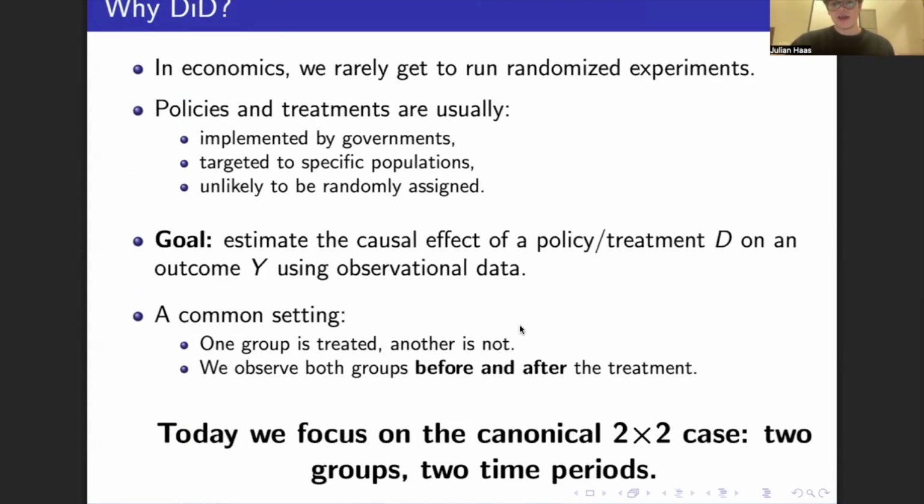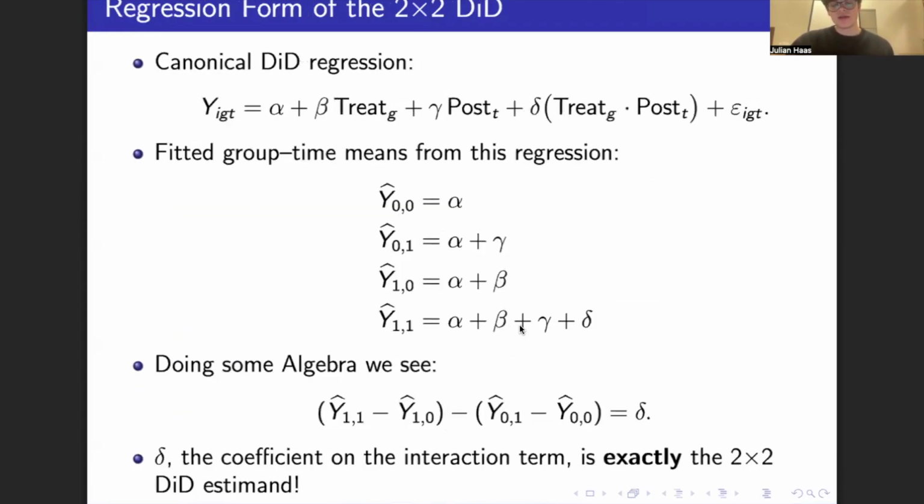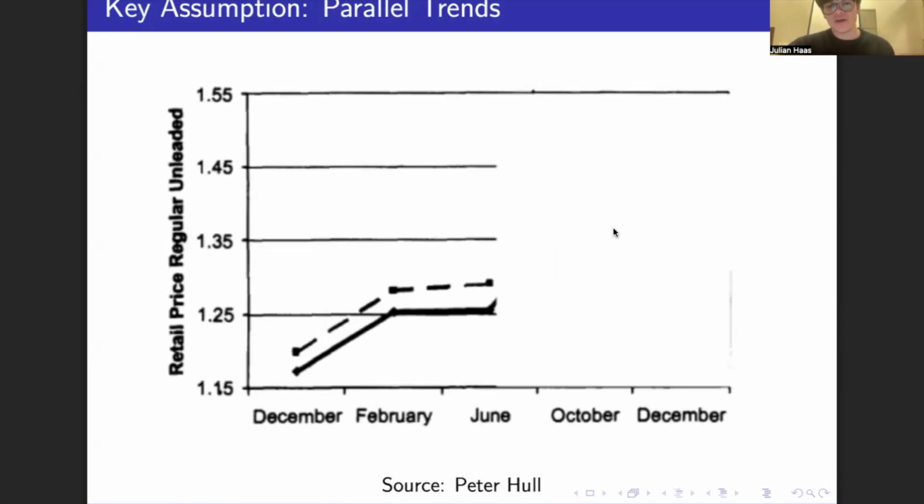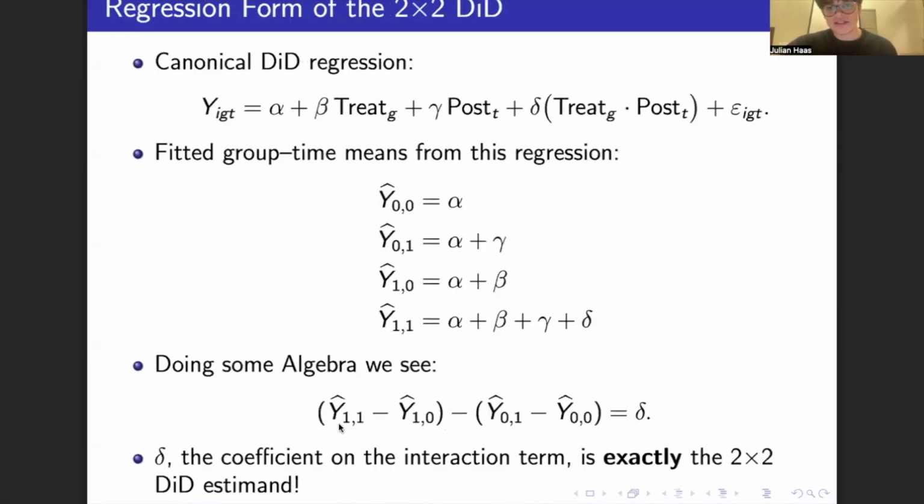But if we're willing to make some assumptions, importantly this parallel trends assumption, which is that the treated group would have trended in parallel to the control group had it not received treatment, then if we take this difference-in-differences estimator, this delta on treatment interacted with post, we can recover a causal effect of the treatment or the policy on the outcome.